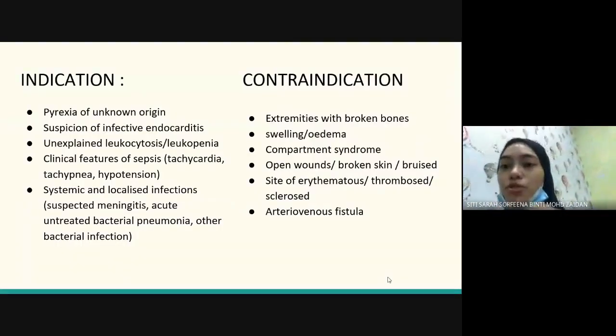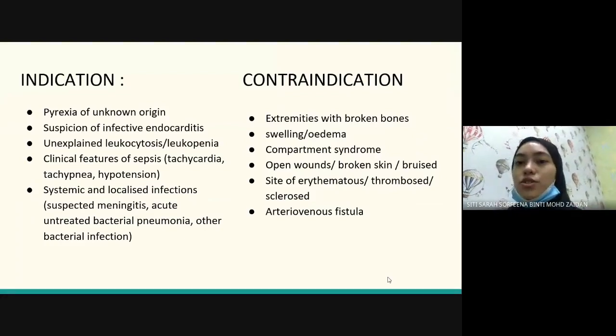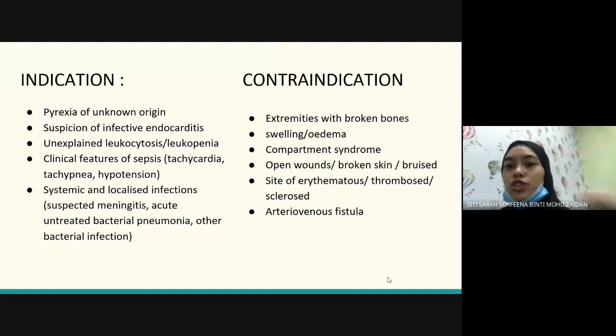Okay, so first, we have to know the indication and contraindication for doing blood culture to a patient. The indication is that we want to know the etiology of the organism that causes the patient to have pyrexia or fever, so that we can manage the patient differently.